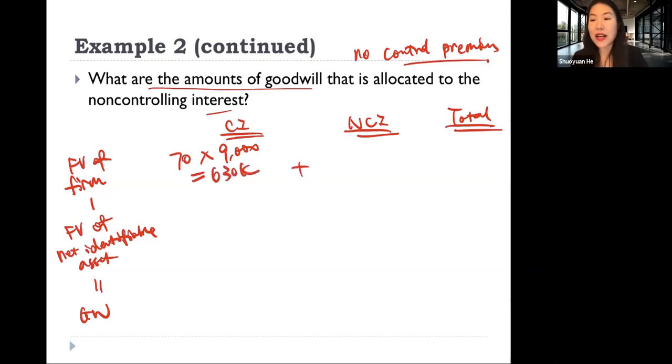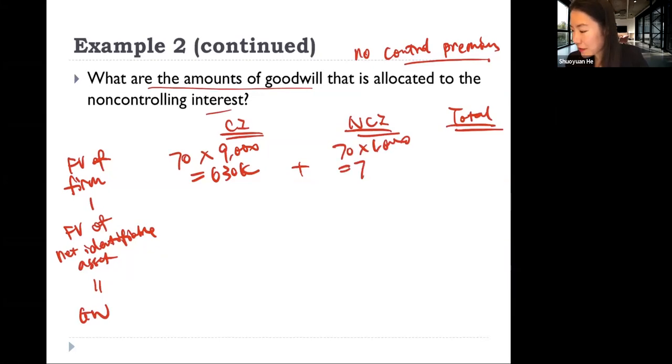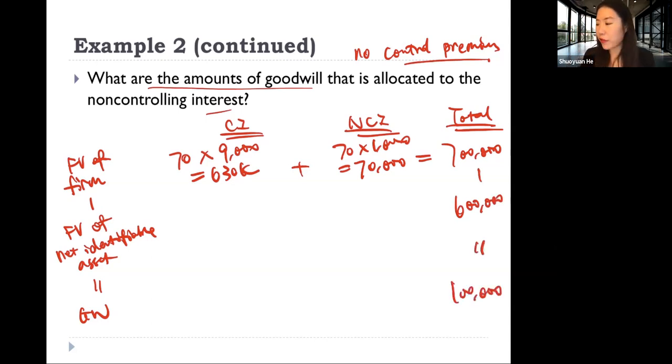Plus the fair value of the non-controlling interest, which is 70 multiplied by 1,000 shares, so that is 70,000. So the total fair value of the firm is 700,000. The fair value of the net identifiable assets is 600,000. So the total goodwill is 100,000. This is what we calculated before.